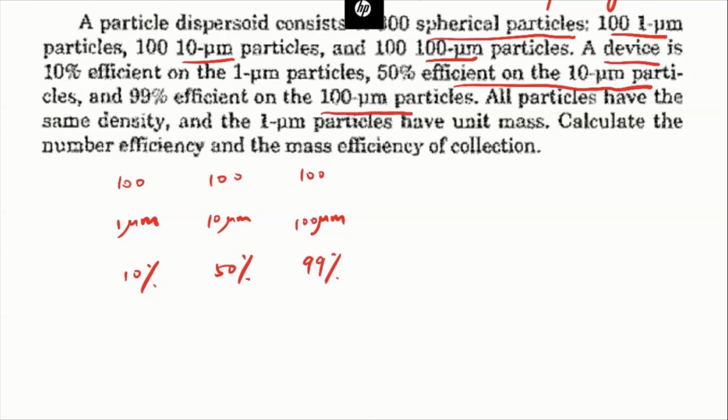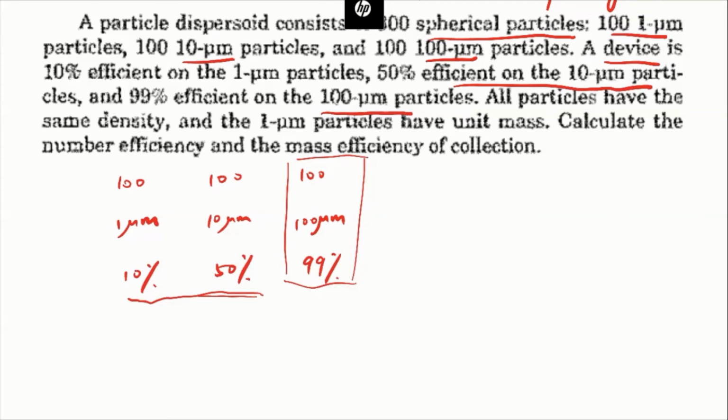This is a typical situation for a lot of particle removal devices. They're very efficient for removing very large particles, but they're less efficient for smaller particles. This is also the reason why we have a lot of PM 10 and PM 2.5: these control devices are not efficient at removing smaller particles.